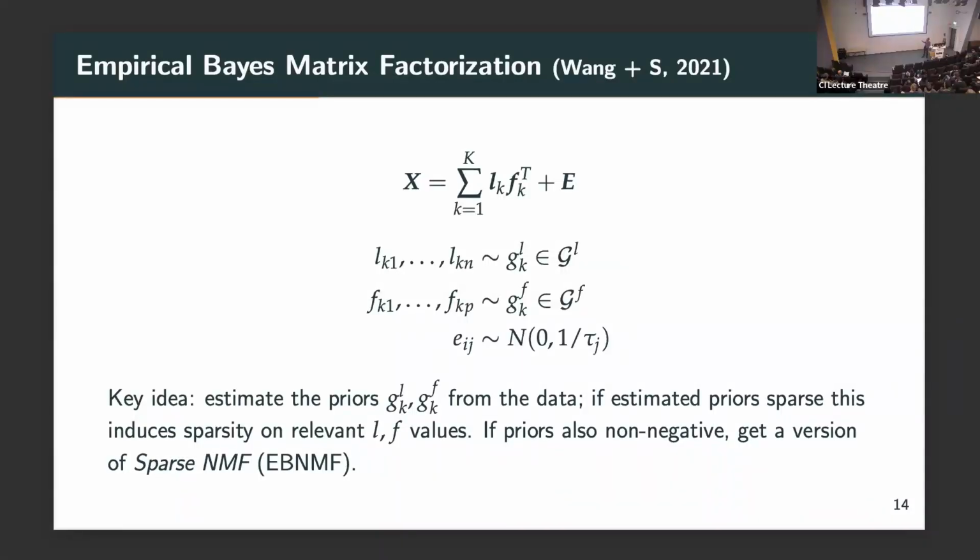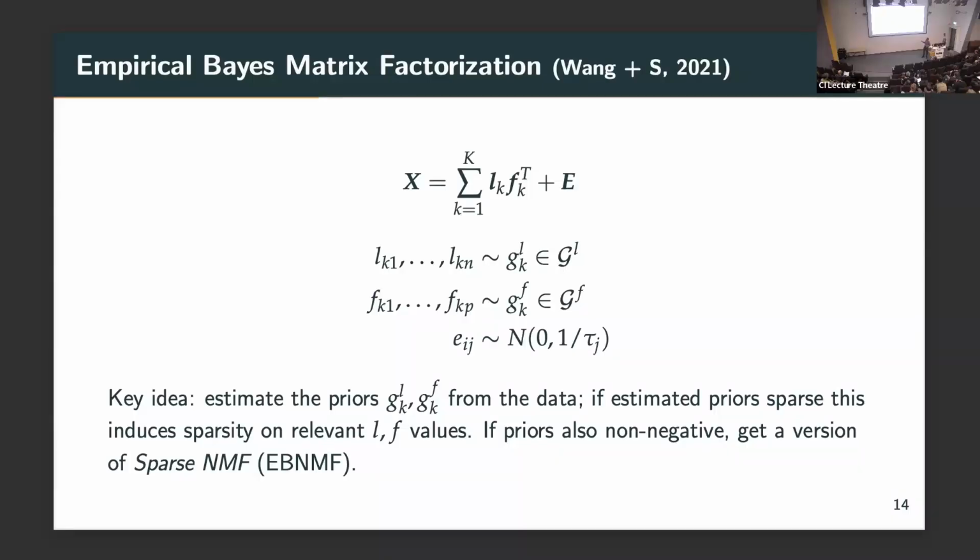And the key important part is that the elements of L_k and the elements of F_k are assigned prior distributions, which I've called g_L and g_F, that are specific to each k. So this allows that some components might be more sparse than others.